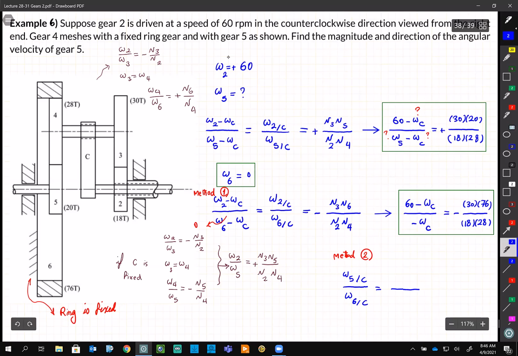So it's good to also know method 2. So in the exam, when you solve the problem, this is all equal, it gives you the same answer. So this side, we know it means for us omega 5 minus omega C, and then omega 6 minus omega C, and we know this one is 0.